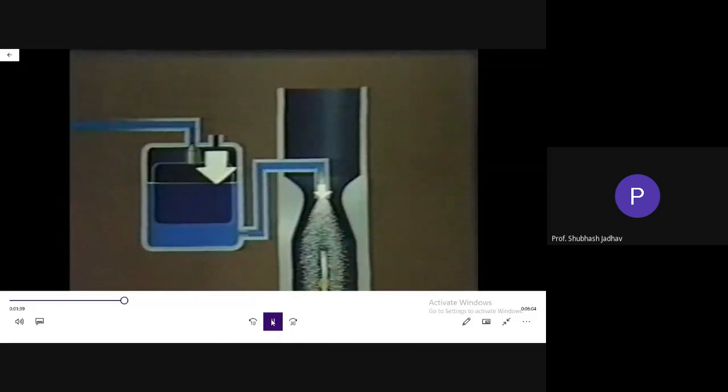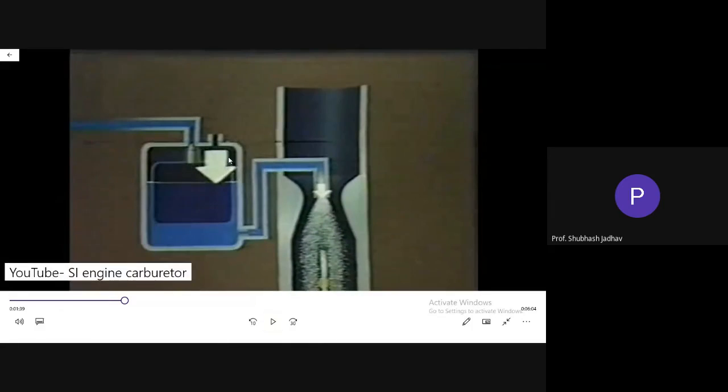What is shown here is the pressure. The higher the pressure, the bigger the dimension of the arrow, which they have used to demonstrate the pressure difference. Here we have a higher pressure, and here a lower pressure acting, and due to that, fuel is flowing.